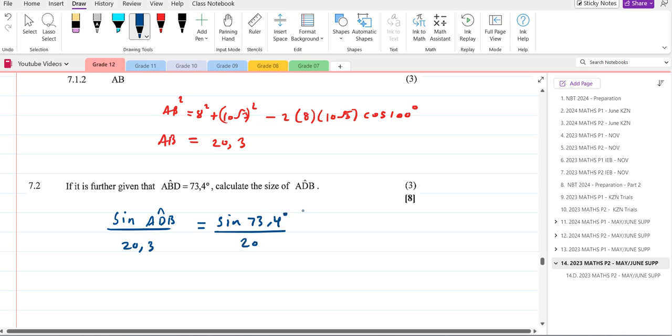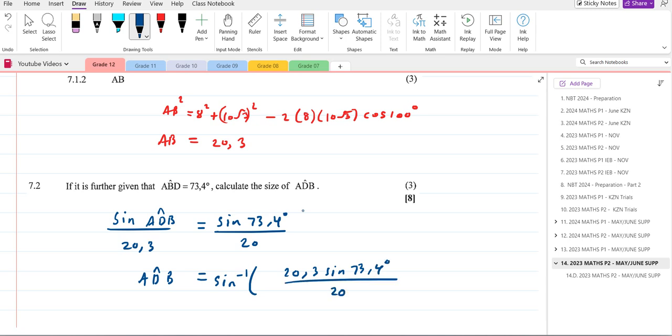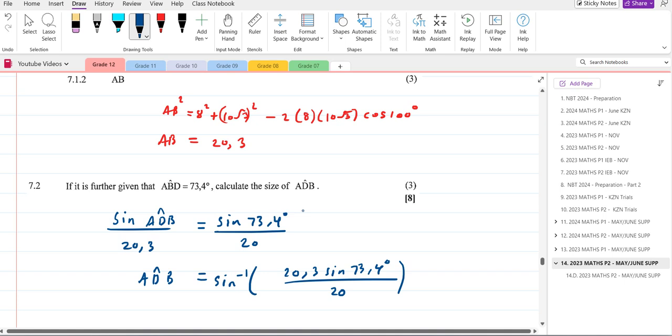Right, so we can get the angle ADB by saying sine inverse of 20,3 sine 73,4 over 20. Alright, we just cross multiply, we get our answer and sine inverse answer.